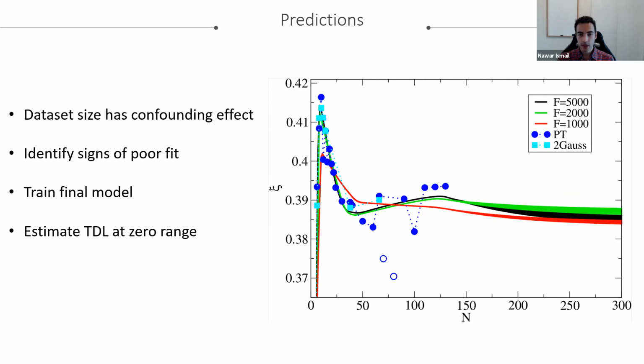In general, the number of data points that you need would not depend on the range of particle numbers that you simulate, because as far as the network is concerned, this is just a number. The input to the network would be a number representing n, and so the learning of the network doesn't really depend on that too much.